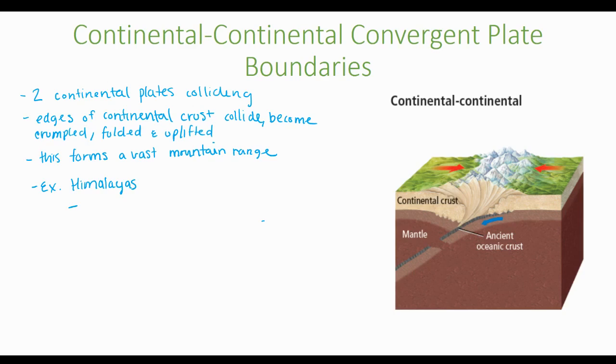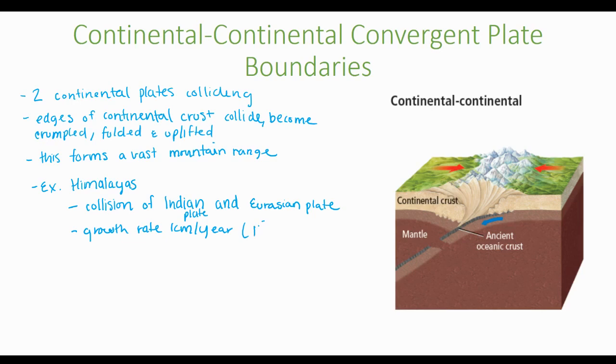So the Himalayas are being formed because it's a collision of the Indian tectonic plate and the Eurasian plate. And they have a growth rate of 1 centimeter a year. And so over the course of 1,000,000 years, that would be 10 kilometers.